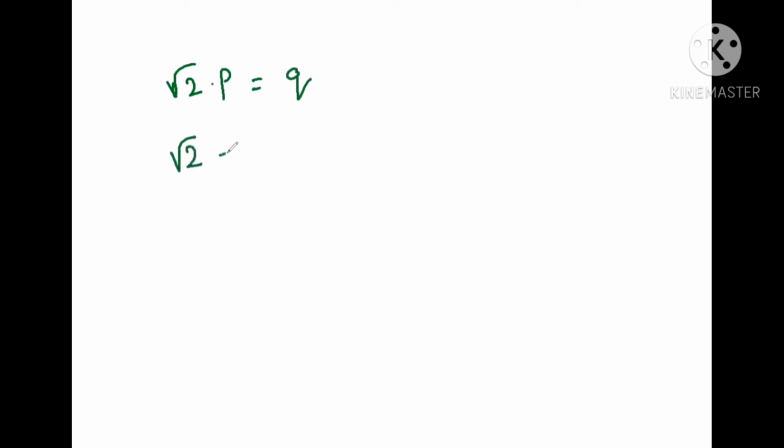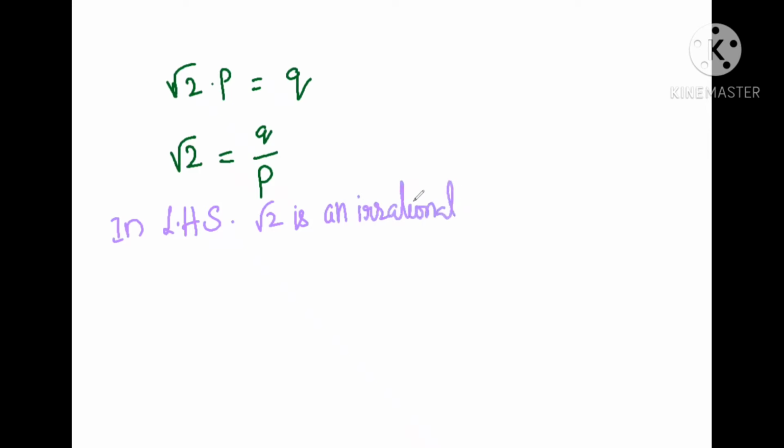Then square root of 2 is equal to q by p, by transposing it becomes denominator p. Here, now again we got a contradiction. How is it a contradiction? The left hand side, in LHS, root 2 is an irrational. We know that we have already proved.